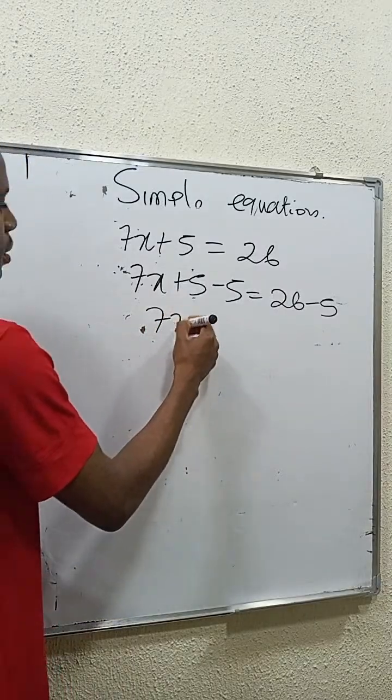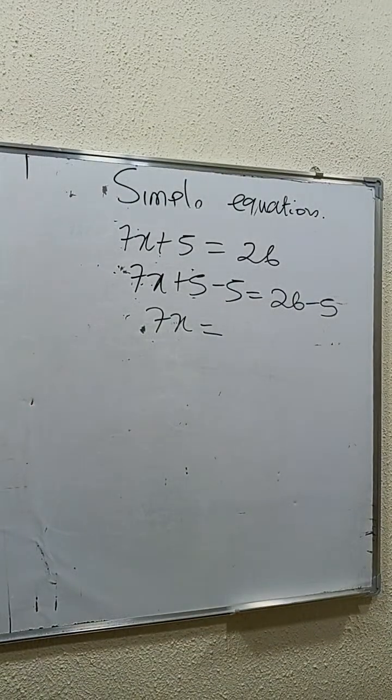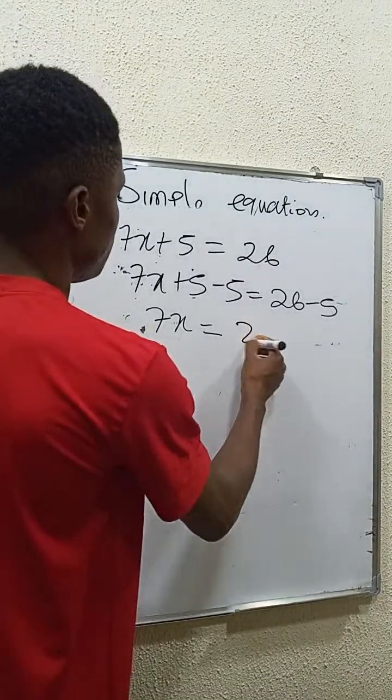That gives 7x is, what is 26 minus 5? 26 minus 5 is 21.